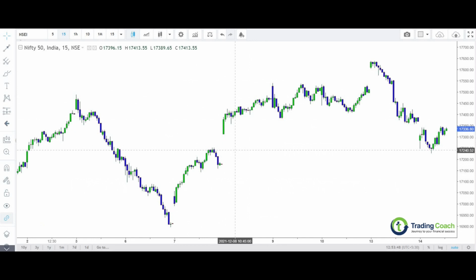Alright, so right now I'm looking at the Nifty 50 15 minutes time frame, and I'm using the candlestick chart. You can clearly see this. When we are studying the candlesticks over here, you can notice that the candlesticks have a lot of gap ups and gap downs, right? And apart from that, the candlestick also has a lot of volatility.